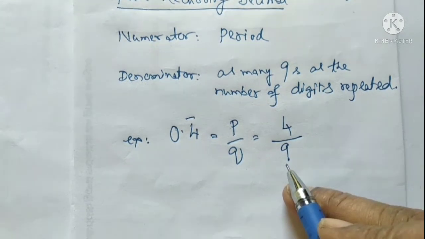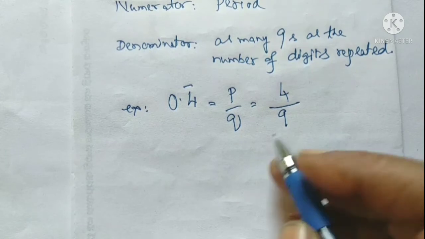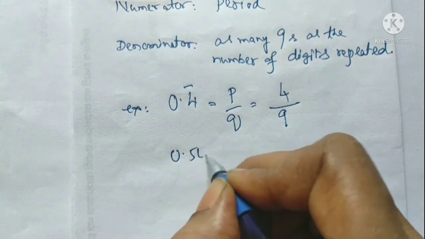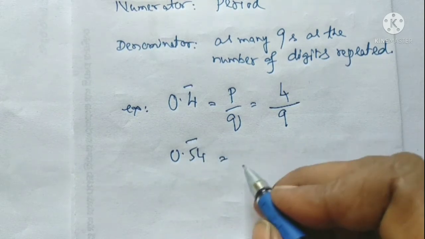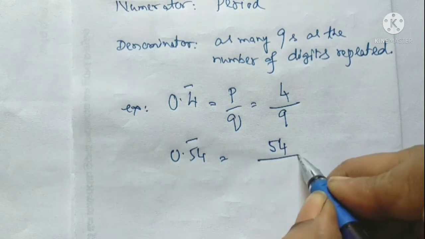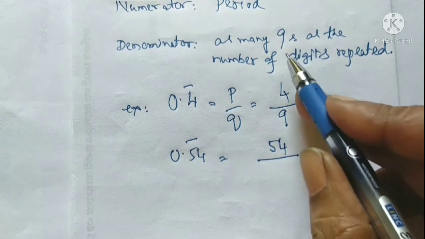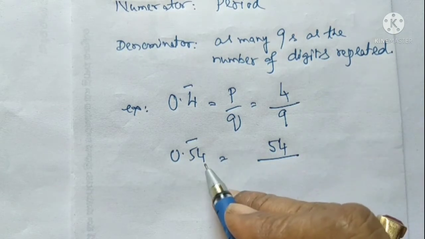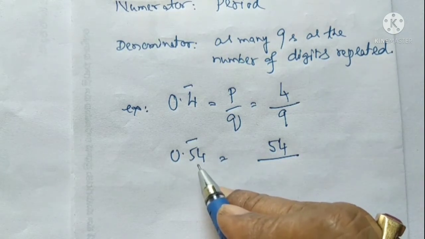With another example, let us try to understand this rule. 0.54 bar. Here the numerator will be the period, means it is 54, by the denominator, as many nines as the number of digits repeated. Means how many digits are repeated? 2 digits.